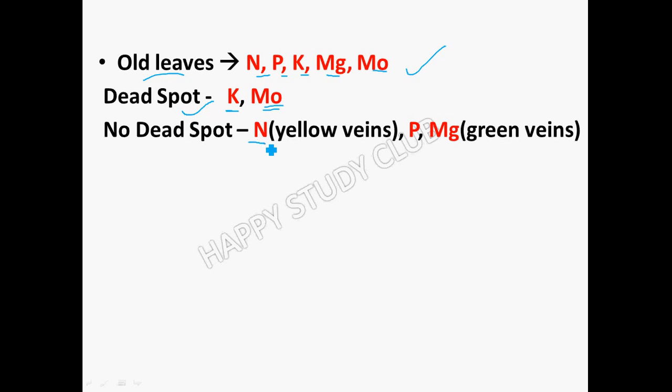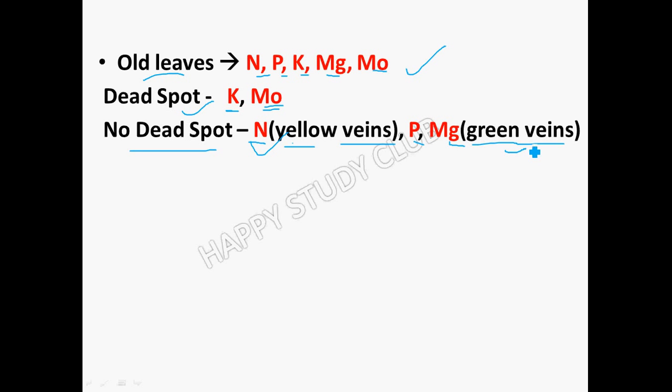In nitrogen, phosphorus and magnesium deficiency, no dead spots occur. In nitrogen deficiency, both leaves and veins remain yellow, whereas in magnesium deficiency, leaves turn yellow but veins remain green.